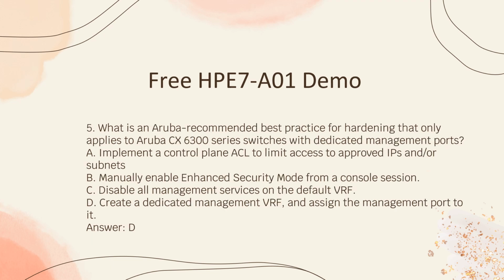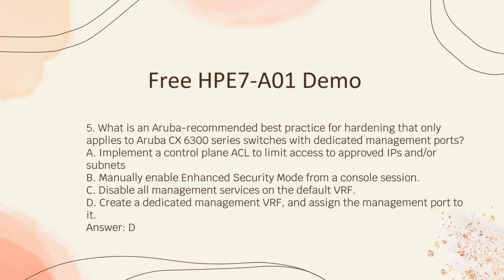5. What is an Aruba recommended best practice for hardening that only applies to Aruba CX 6300 series switches with dedicated management ports? A. Implement a control plane ACL to limit access to approved IPs and/or subnets.